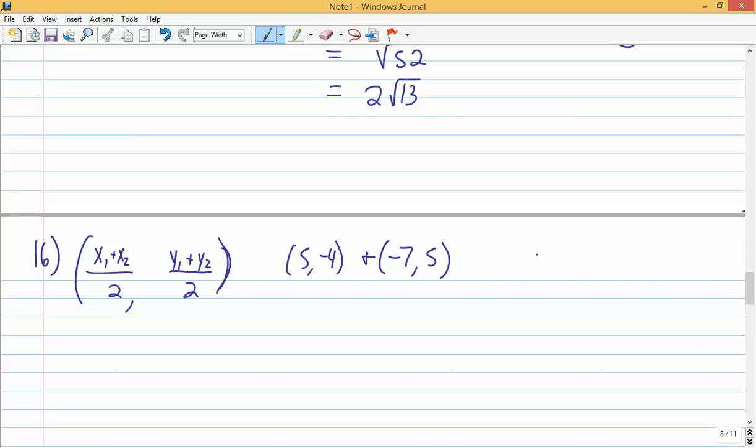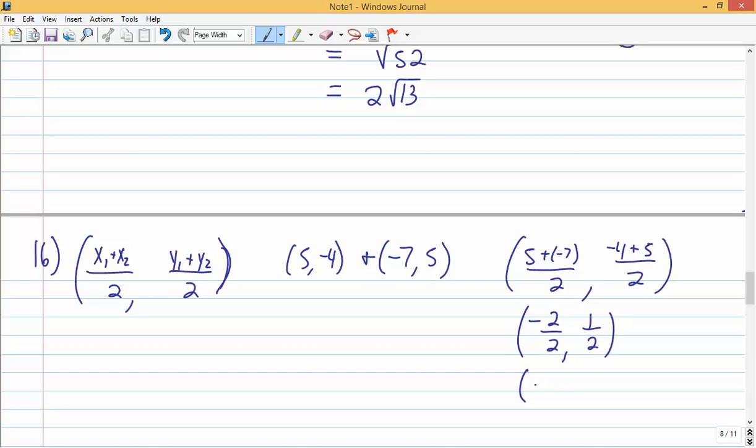So add the two x's together, so that's 5 plus -7, and divide by 2. Add the two y's together, that's -4 plus 5 divided by 2. So that's going to be -2 over 2, 1 over 2. Or -1, 1/2. So the midpoint between those 2 points is the point -1, 1/2.